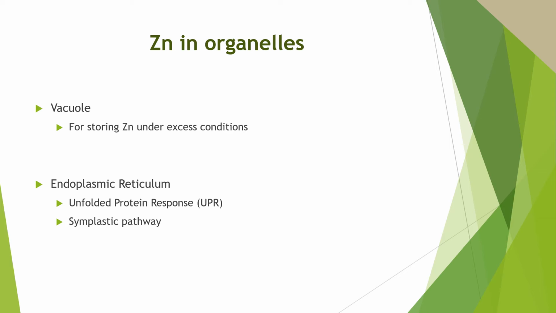Now, it's been shown that zinc levels in the ER are actually controlled to initiate this UPR under salt stress conditions. And my final point here is the symplastic pathway, where zinc in the ER could be one of the ways in which zinc symplastically moves between cells towards the xylem.